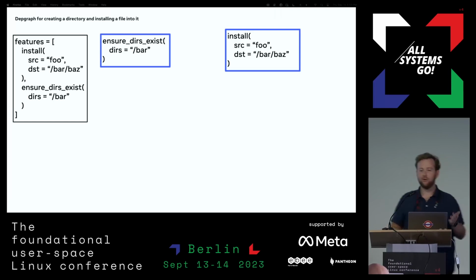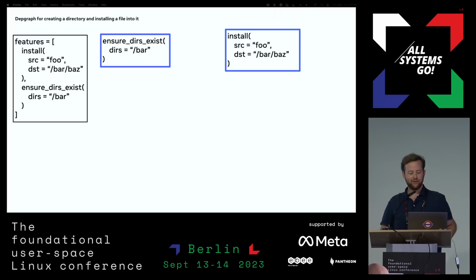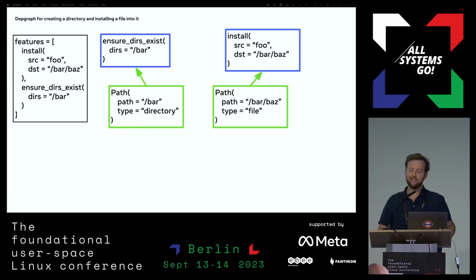Now that we've put those into the graph, we can query them for the things that they provide. So we see that the ensure does exists, or makedir if you prefer, provides this directory bar, and the install feature provides a file at /bar/baz. The reason the edges point to the feature will become more clear in a second.